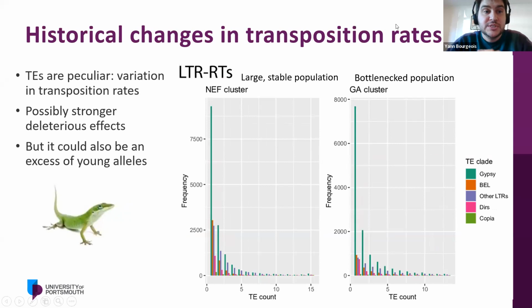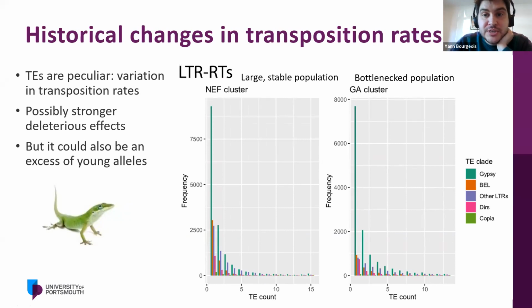What's interesting also is that you can use these allele frequency spectra. You can also see them shaped by the effects of selection. So here I'm taking the same two populations, but this time I'm looking at another family of TEs, long terminal repeats. Those ones are supposed to have a stronger effect on the host because they are longer and they are likely to have deleterious effects.